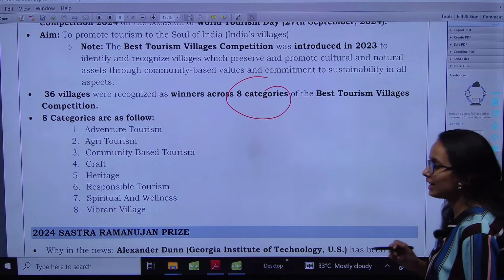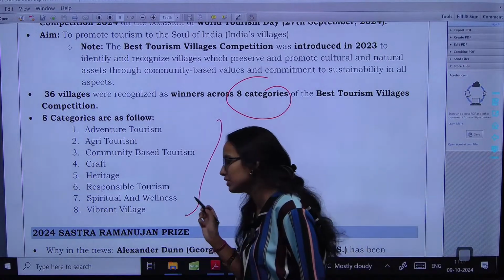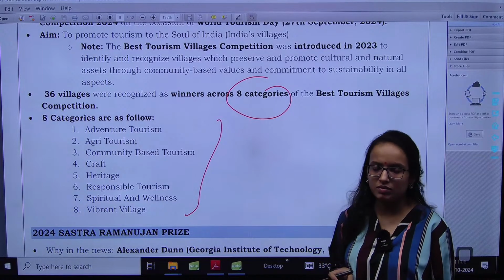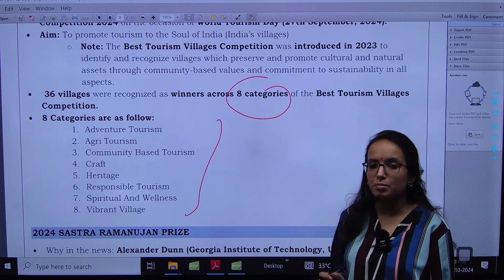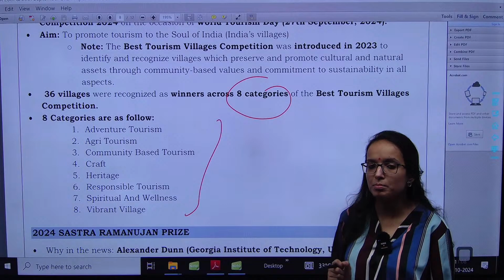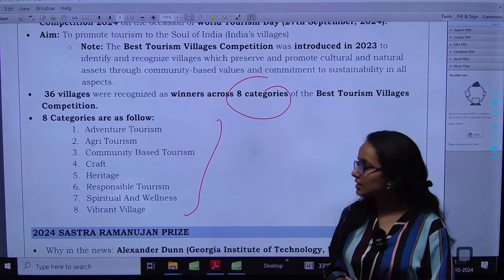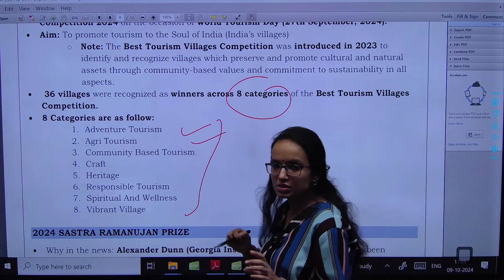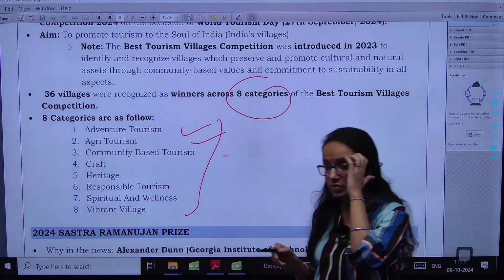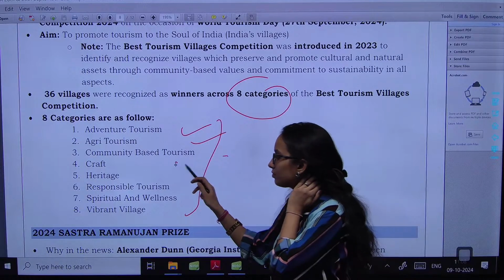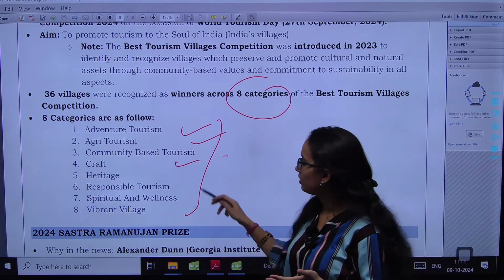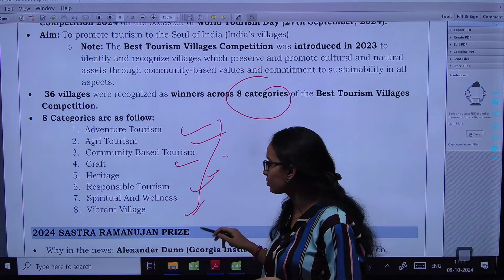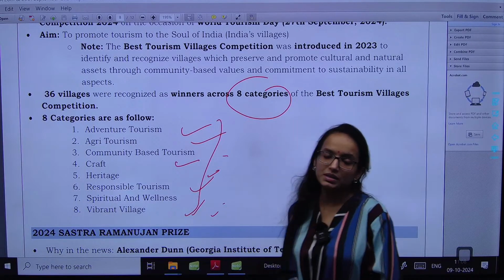Now these 8 categories are, so please remember all of these. You need not remember all the names of the 36 villages, not at all, but just remember what all 8 categories are there. So you have adventure tourism, then you have agri-tourism, community-based tourism, then you have craft, then heritage, responsible tourism, spiritual and wellness associated tourism, and vibrant villages.